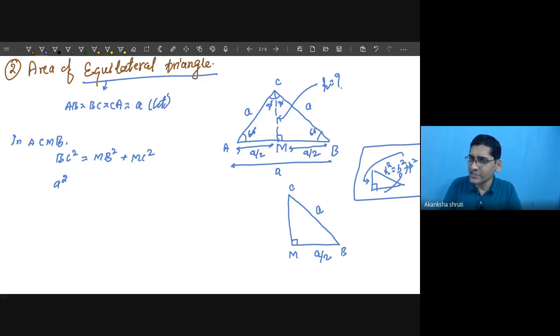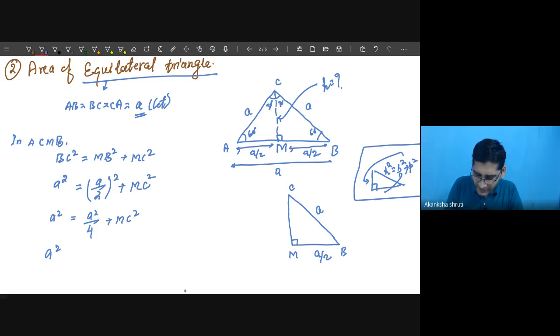It is given as an equilateral triangle whose side we are considering as A. Now MB is A by 2, this much squared, plus MC, this is the perpendicular, or the altitude, that we want to calculate. So take this as A square is equal to A square by 4 plus MC square. Bring this to the left hand side: A square minus A square by 4 is equal to MC square.